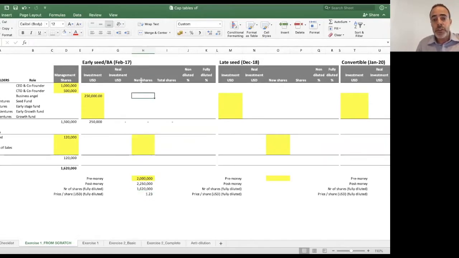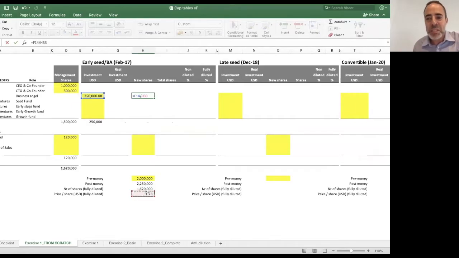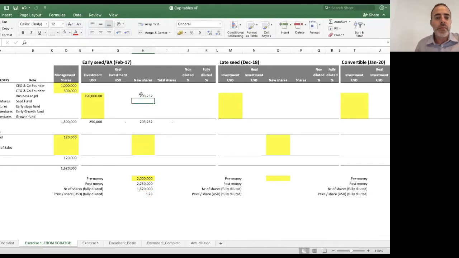So the number of new shares that I'm going to create is going to be 250 divided by 1.23, okay? Remember, shares cannot be divided into decimals because shares are discrete. You cannot have 0.3 shares. So you need to round this to 0 decimals, so you forget about the decimals. These are the number of shares, no decimals, you see?